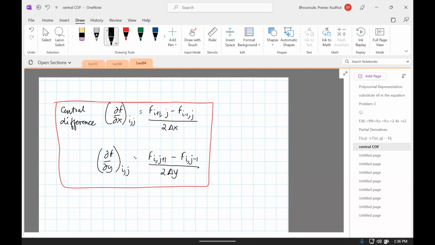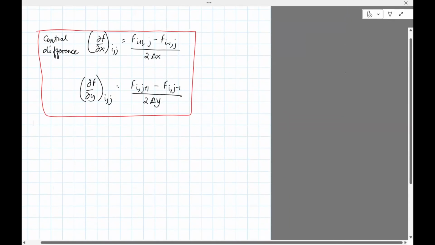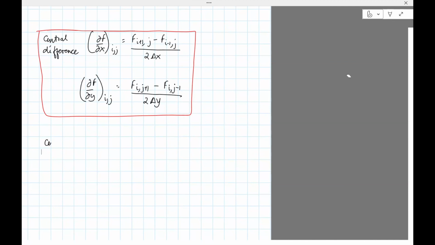And then I'll put another one, the last one, this is the second derivative, central difference.